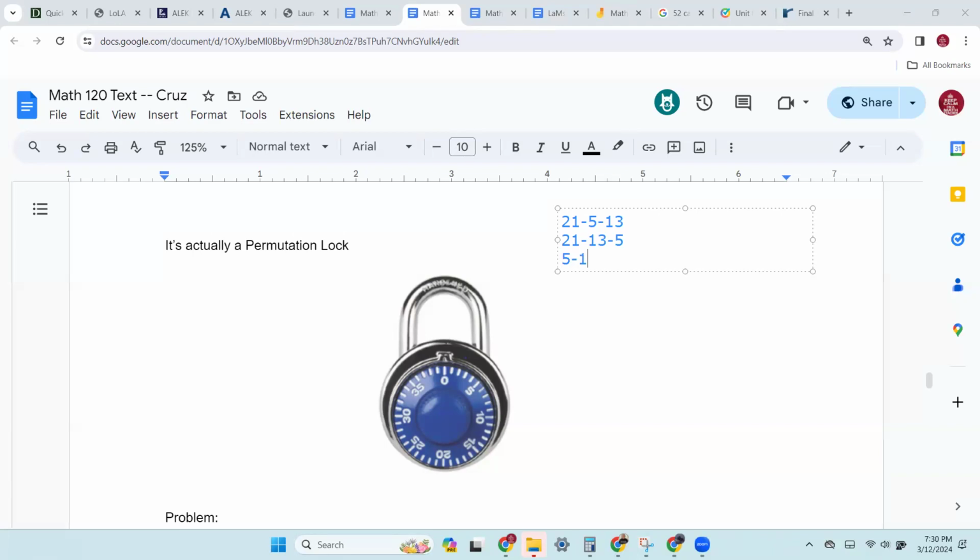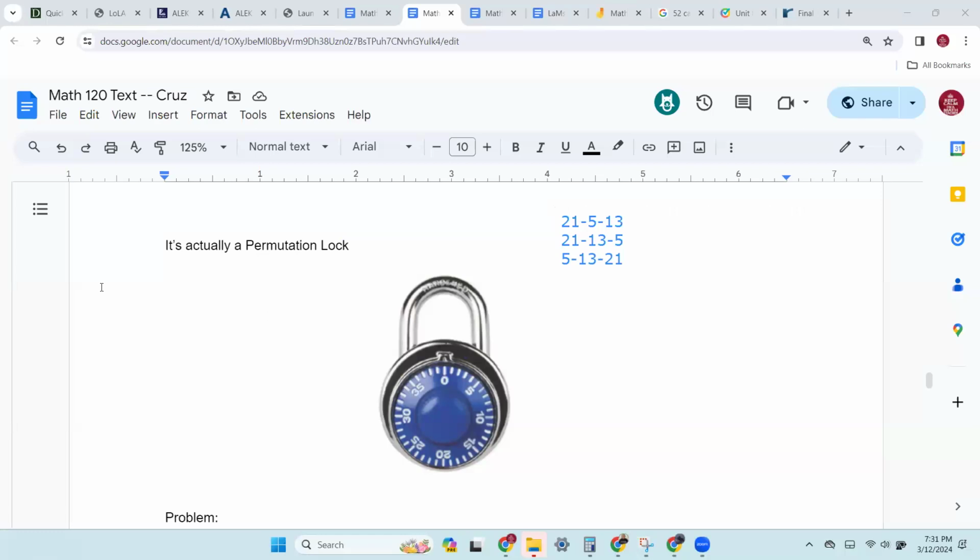So all of these would be different as far as a permutation is concerned, but combination wise, all those things are the same. And there's actually even 3 more of them. But I was wanting to get across the point that they call it a combination lock, but it's actually permutations because order is important.